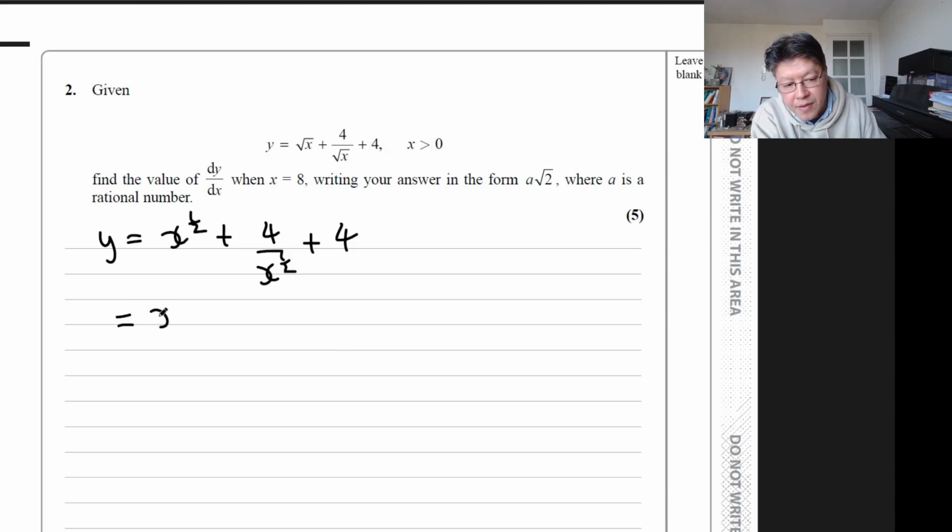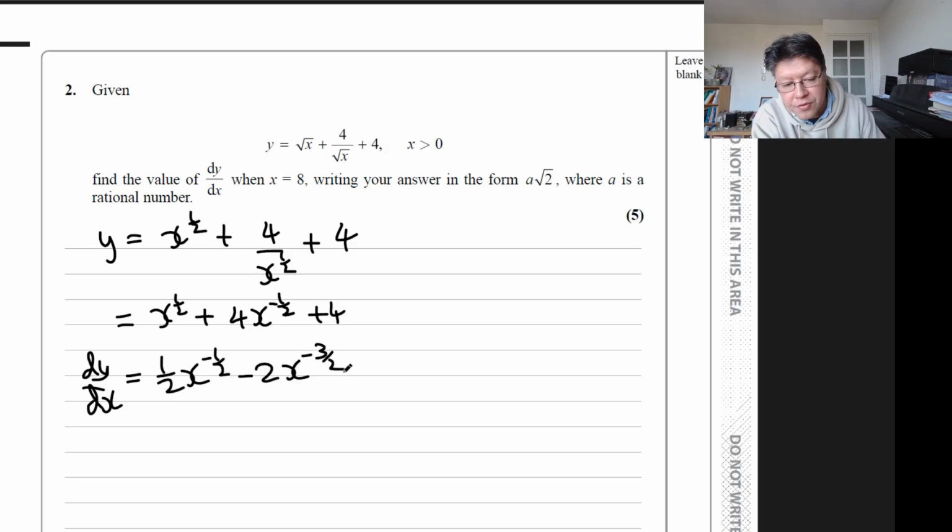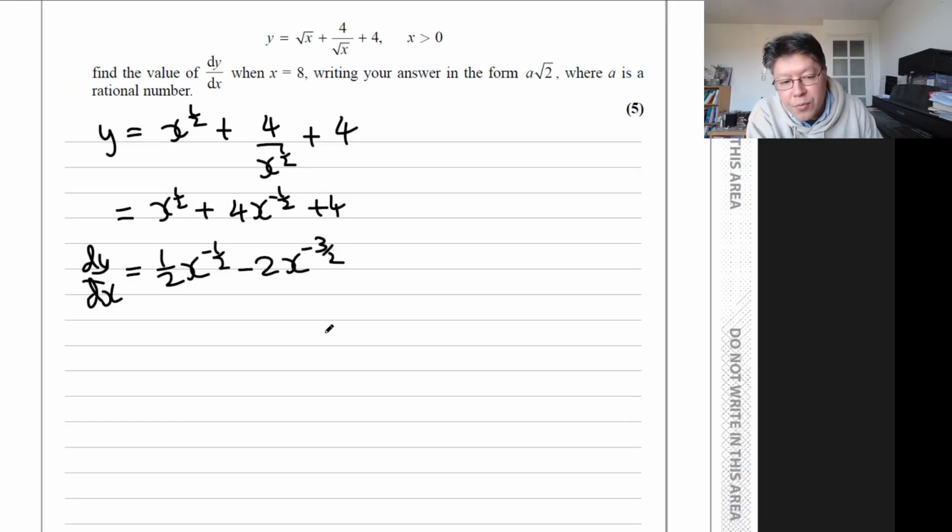So we have x to the half plus 4x to the minus half plus 4. And now we can differentiate it. So dy dx equals half x to the minus half, then minus 2x to the minus 3 over 2, and the 4 disappears. Okay, so now that we've differentiated it, we're now ready to sub in x equals 8.